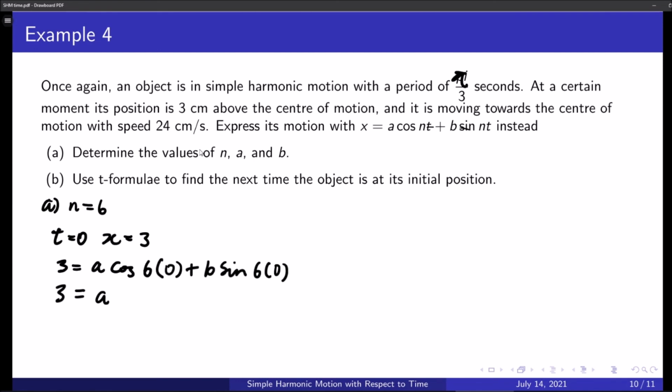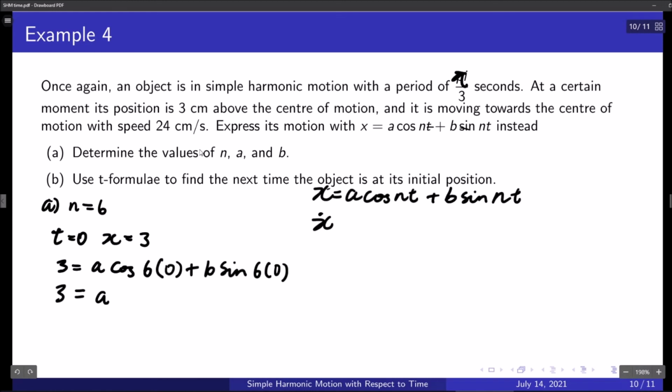Well, what we can do is we can also use the velocity. So x equals A cosine nt plus B sine nt.